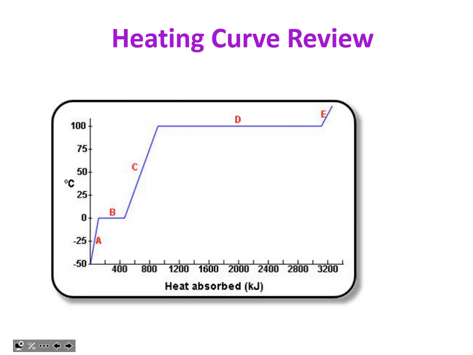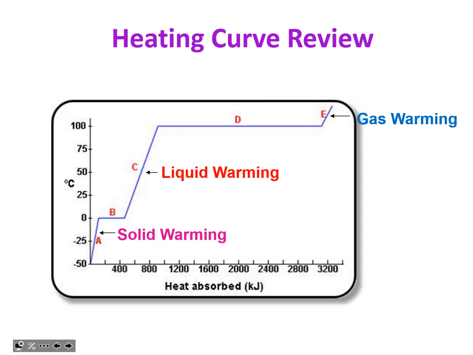Okay. All right, heating curve. Quick review, remember the slopes all have to do with the phases warming. They're increasing their kinetic energy, like the solid particles, as you increase the temperature, vibrate more. And then eventually they do reach the melting point.